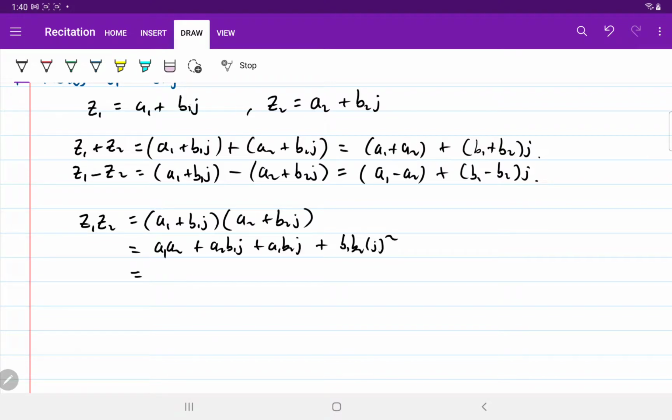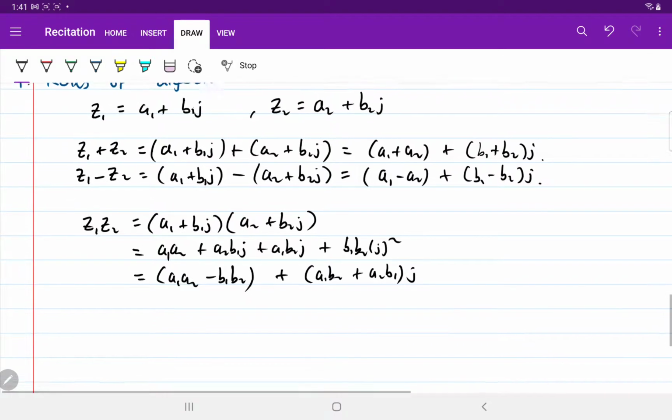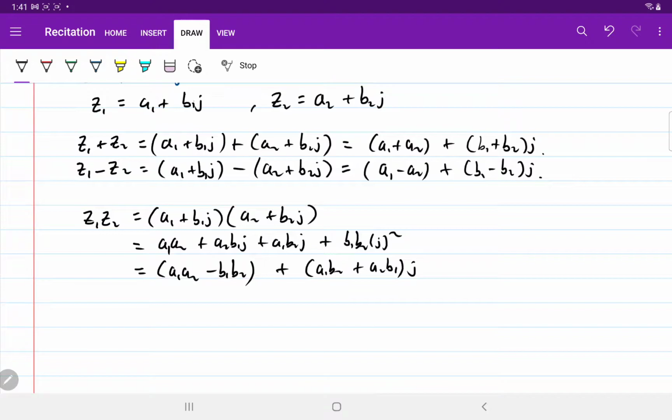You know that j squared is -1, so we get a1 a2 minus b1 b2 plus a1 b2 plus a2 b1 j. All right, so that's the product.